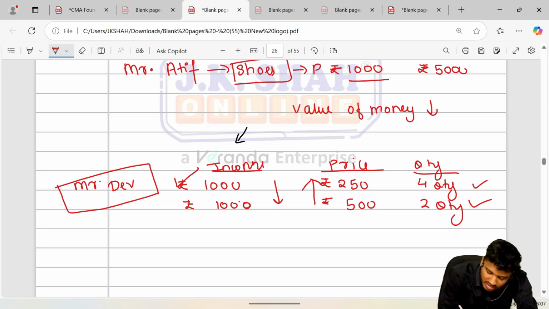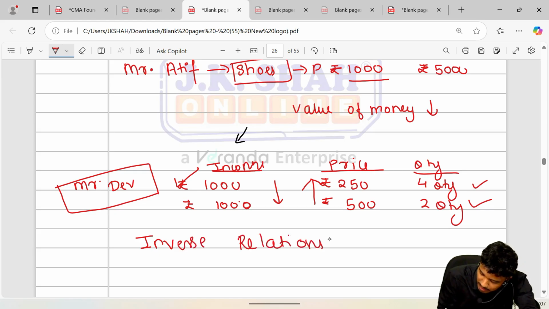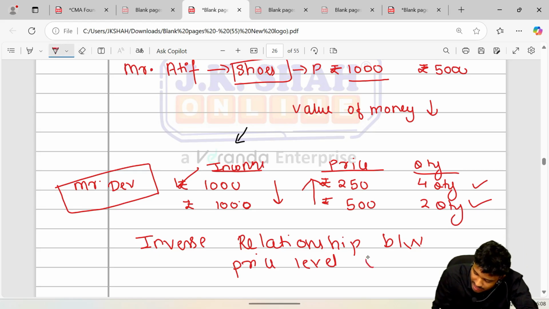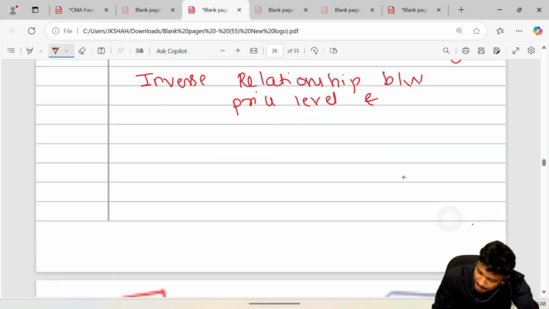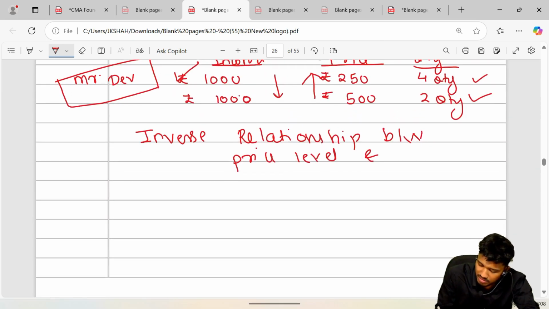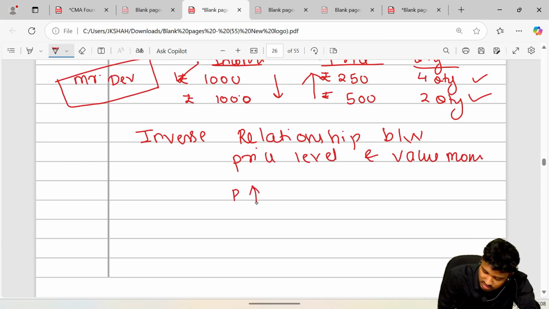Having said that, there is an inverse relationship between price level and value of money. As the price increases, the value of money decreases. That is how it would be.